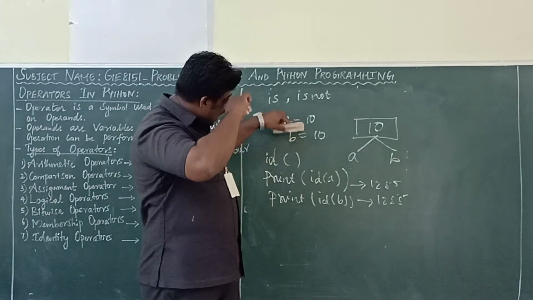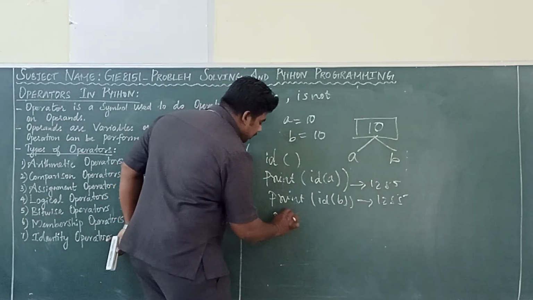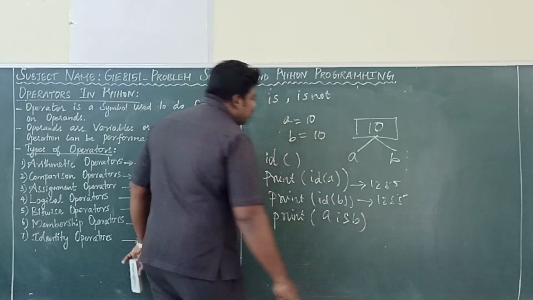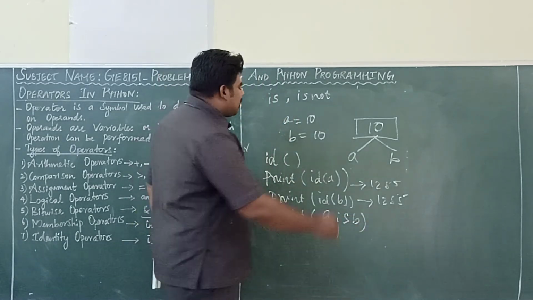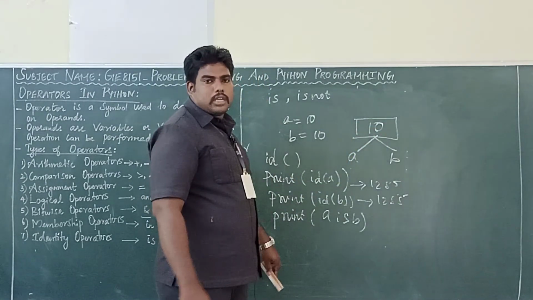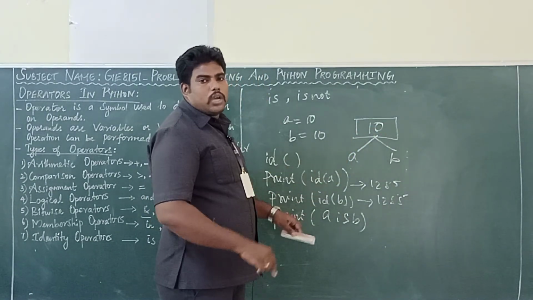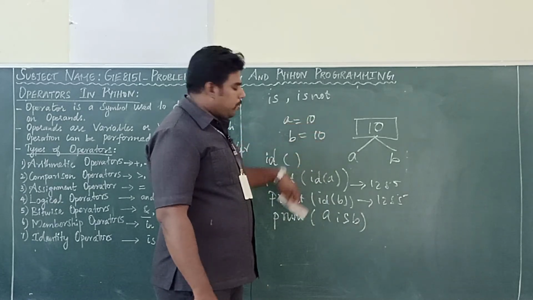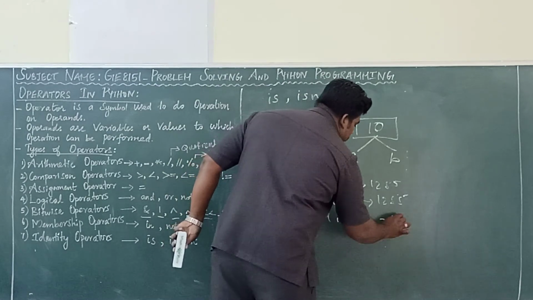So here I can check like this: print A is B, whether it is true or false. True, because both A and B are sharing the same memory location. So both memory locations are equal. That's what A is B means: A's memory location is equal to B's. Yes, you will get the answer True.